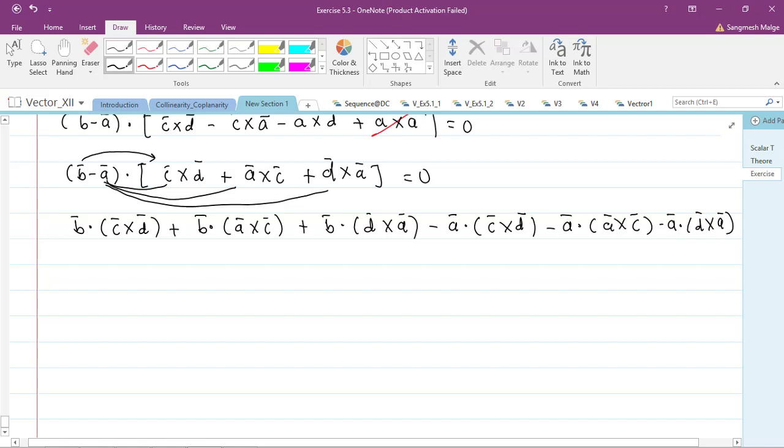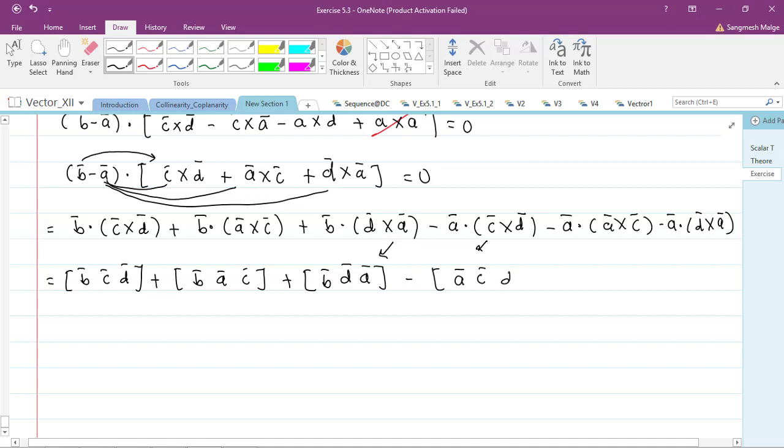Okay, so this is the simplified equation. In the next step, write it in terms of the box product. So this is nothing but box of BCD, plus BAC, plus BDA, minus ACD, then minus AAC, and the last one is minus ADA.